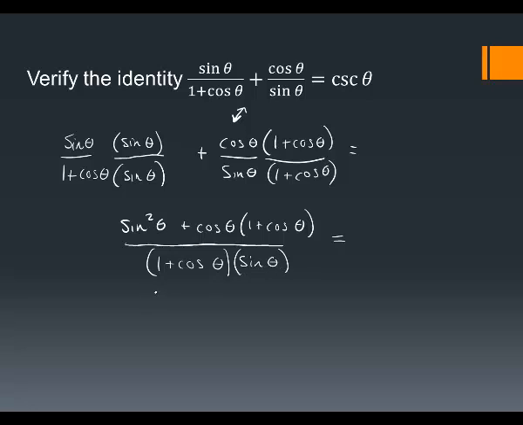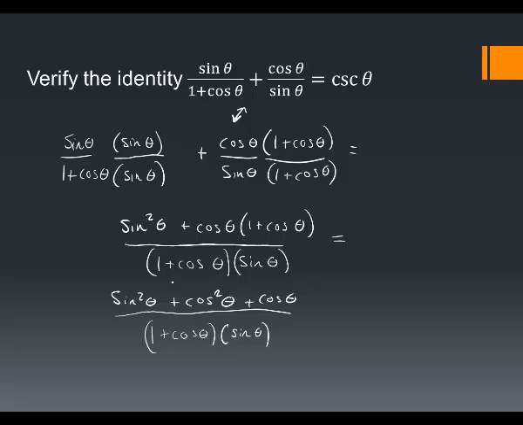Okay? So now that we've done that, let's distribute. So we have sine squared theta plus cosine squared theta plus cosine theta, all over 1 plus cosine theta times sine theta.